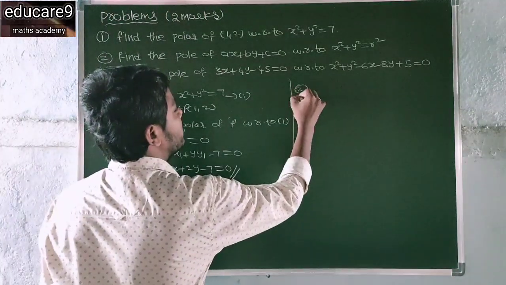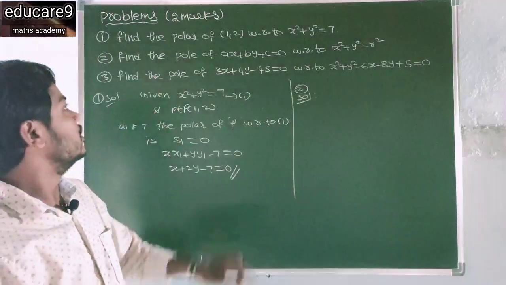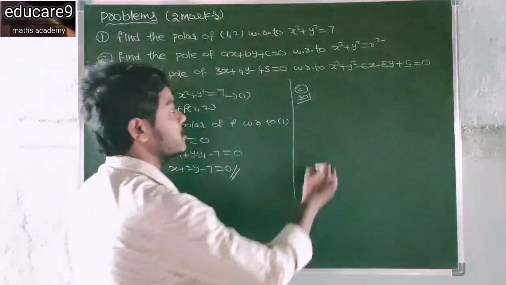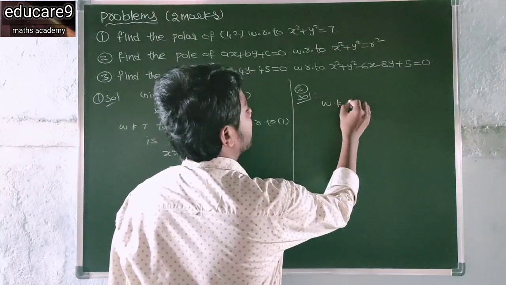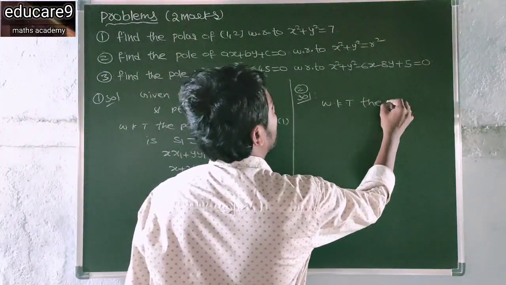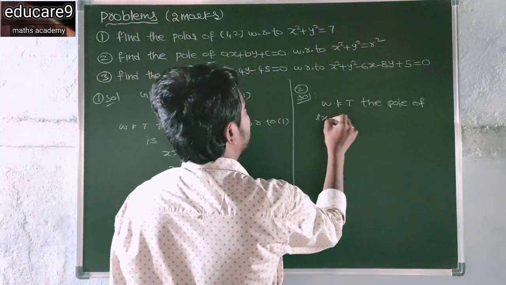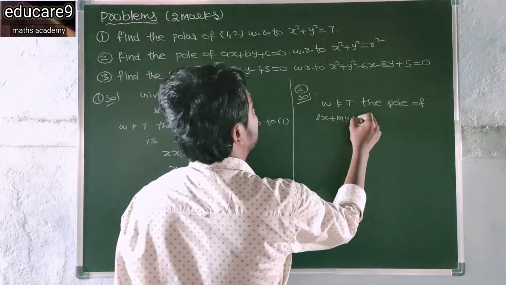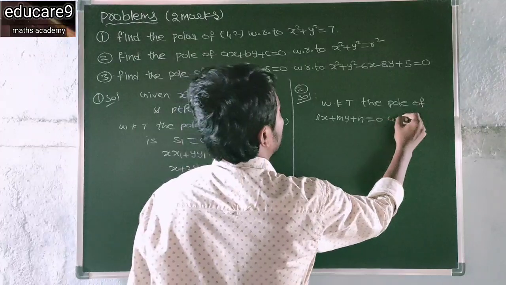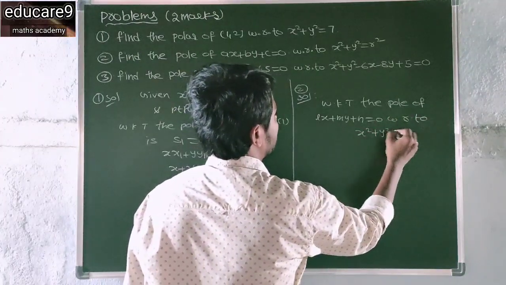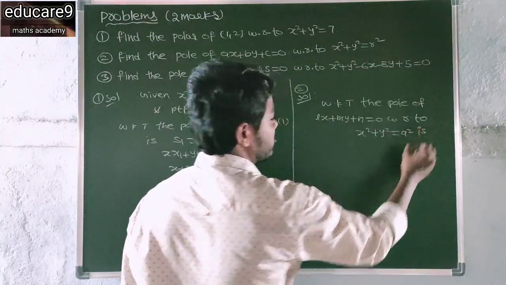And see the second solution. Find the pole of the line with respect to the circle. So see here, you know that the pole of lx plus my plus n is equal to 0 with respect to the circle x square plus y square is equal to a square is what?